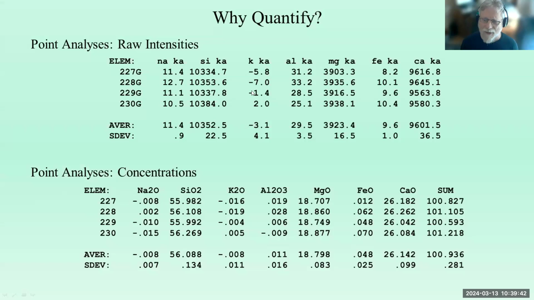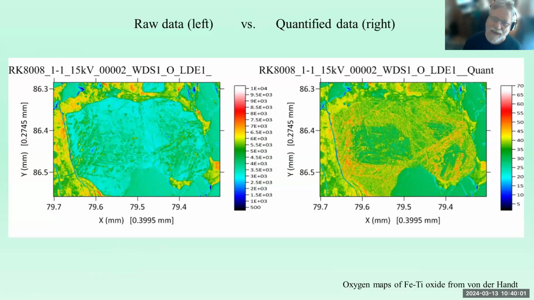Once we quantify it, however, you can immediately recognize what mineral this is. But the raw data isn't that helpful. I think we really shouldn't think of qualitative maps as being anything useful other than some general idea, map viewing, not map quant. And it's maybe not even good for trends.